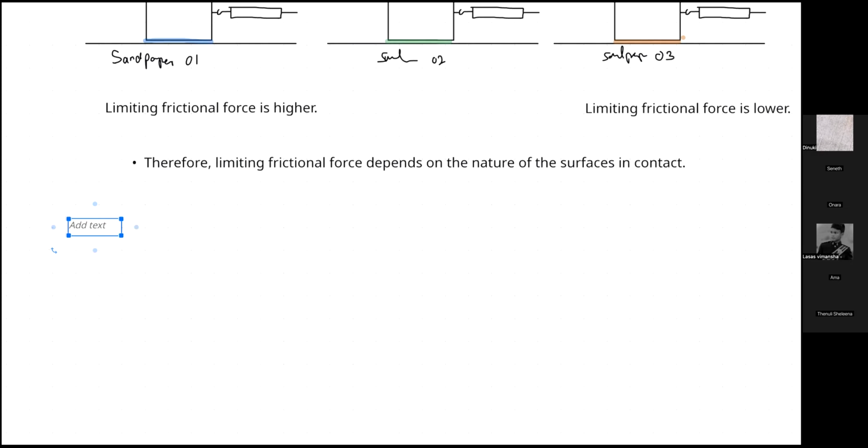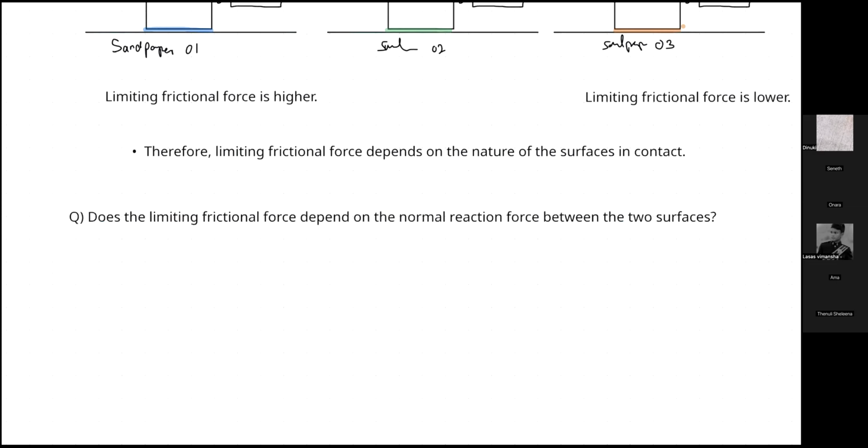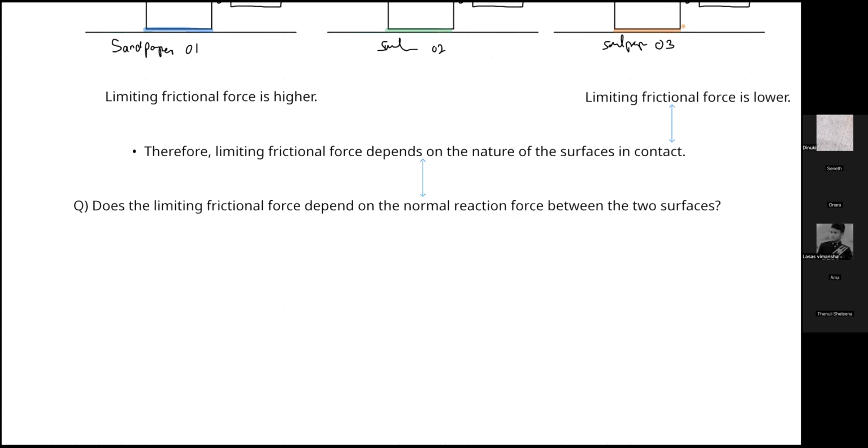Does the limiting frictional force depend on the normal reaction force? Okay.